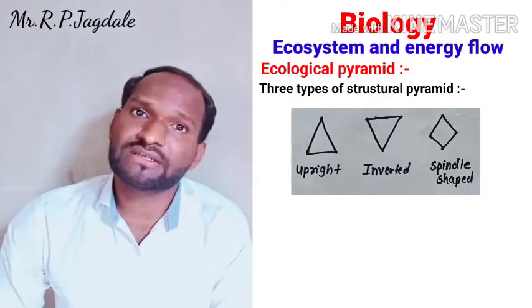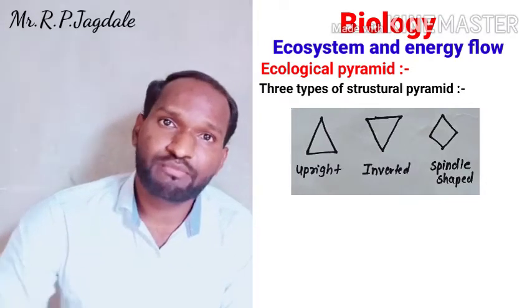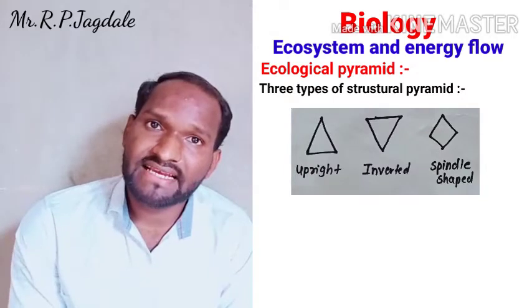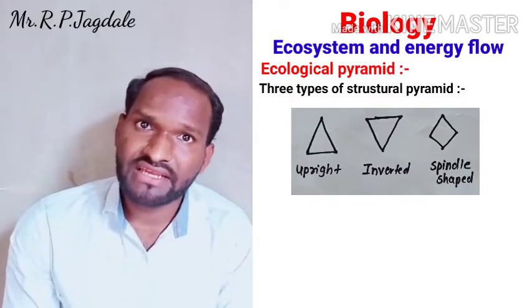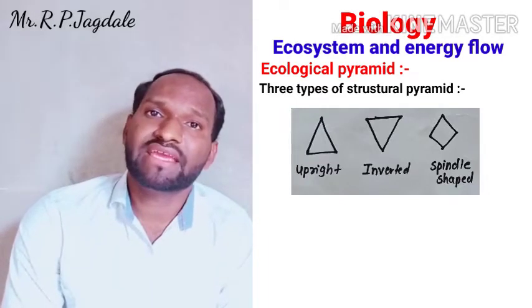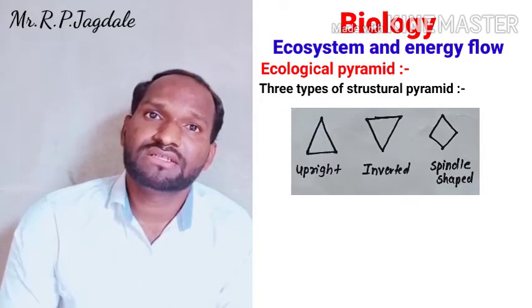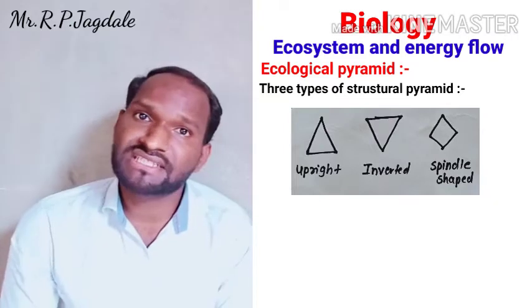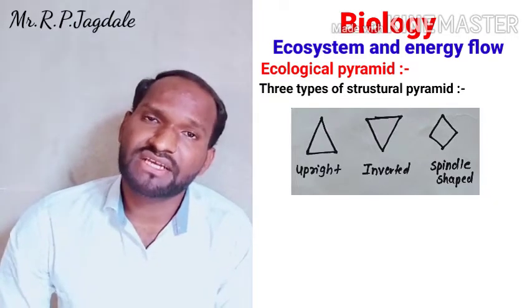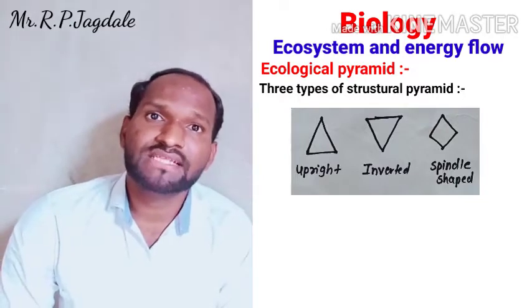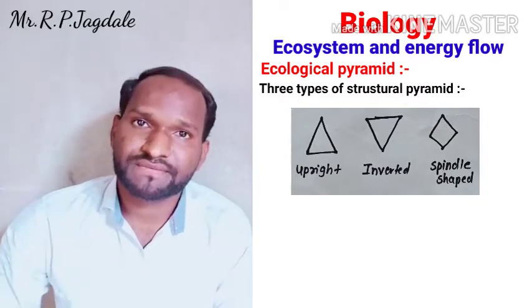The second structure is the inverted type of pyramid. It is exactly opposite to the upright pyramid. And in a few cases we can get spindle shaped pyramids. It is different from the upright and inverted types of pyramid.